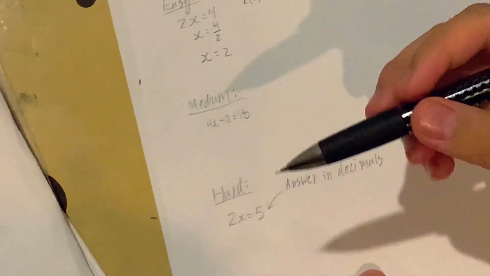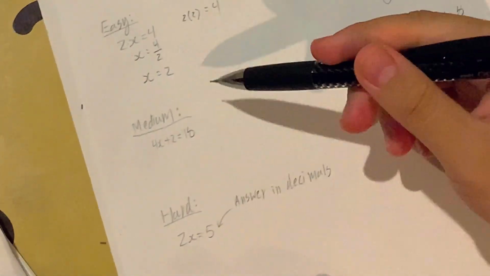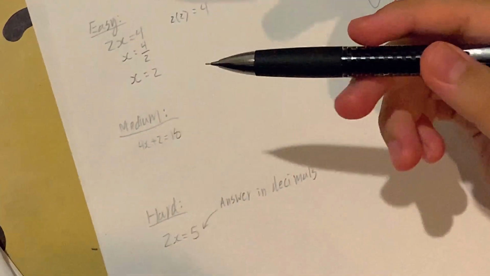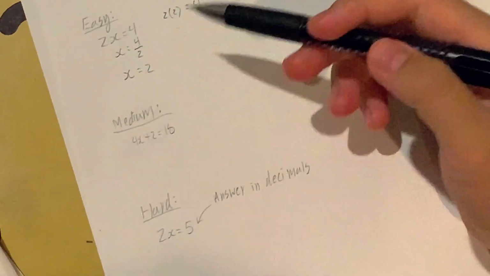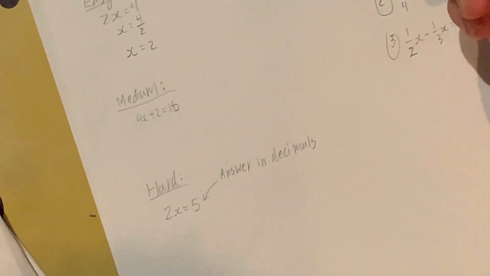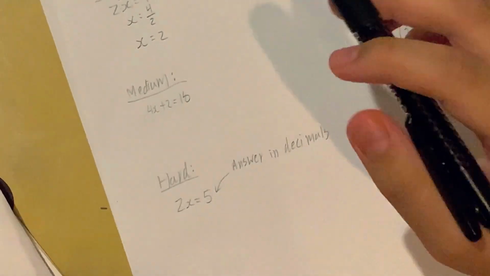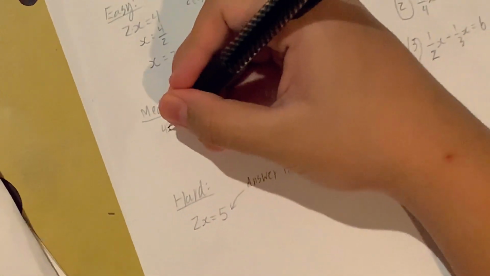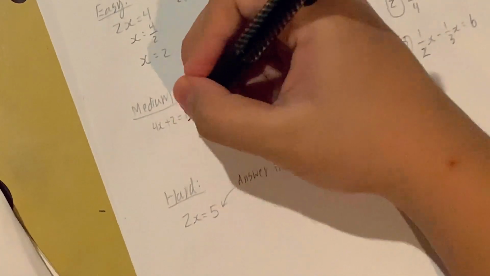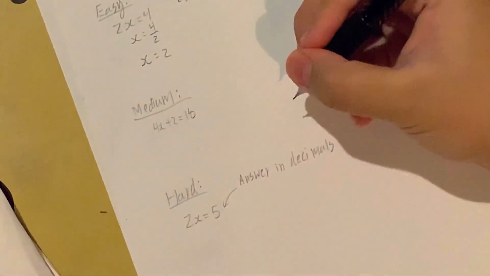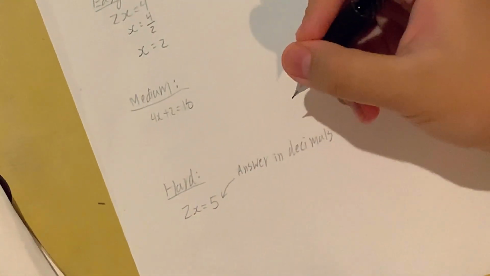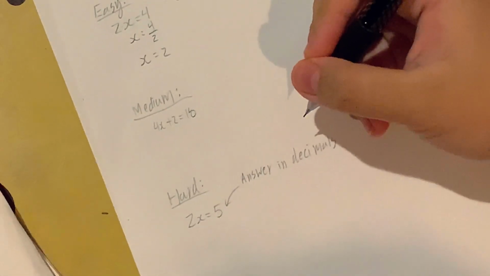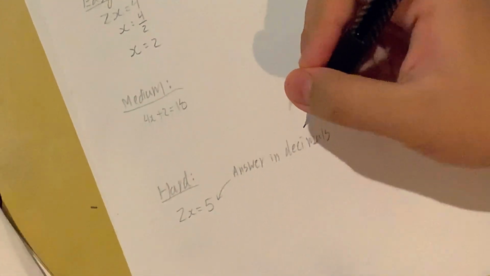Okay. Next is a medium problem. If you guys want to try to solve this right now, go ahead and pause the video. But if you don't know how to, that's also fine. So here it's 4 times x plus 2 equals 18. In a way, it's like saying 4 times what number plus 2 equals 18.